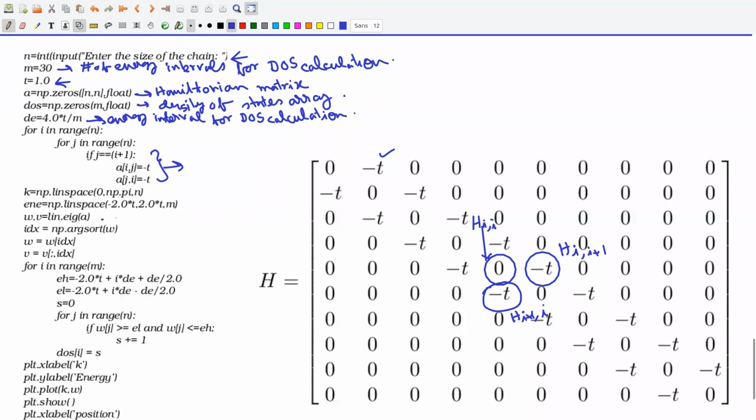This line calculates the eigenvalues and eigenvectors of the Hamiltonian matrix. W holds the eigenvalues and V holds the eigenfunctions.